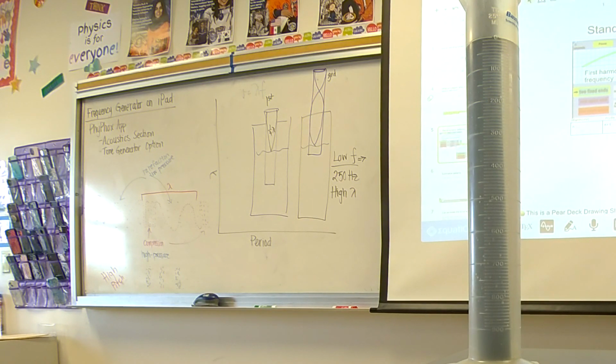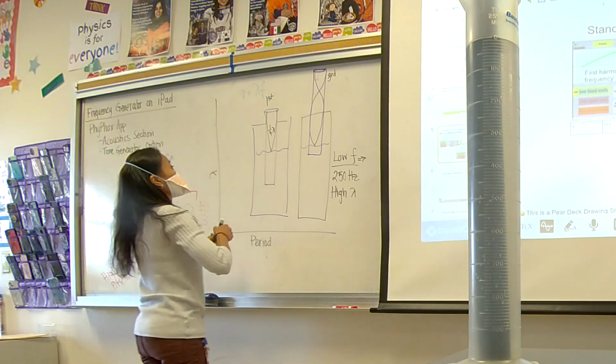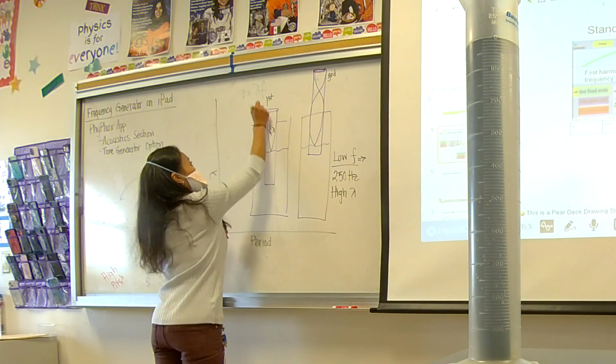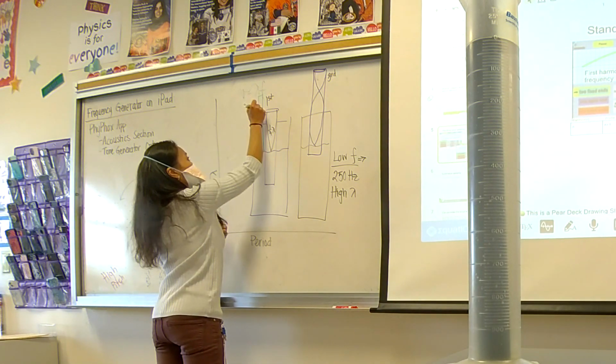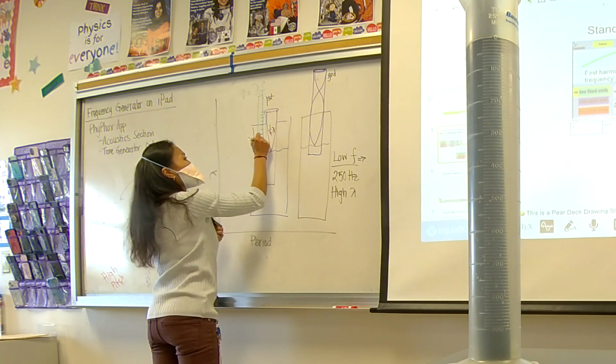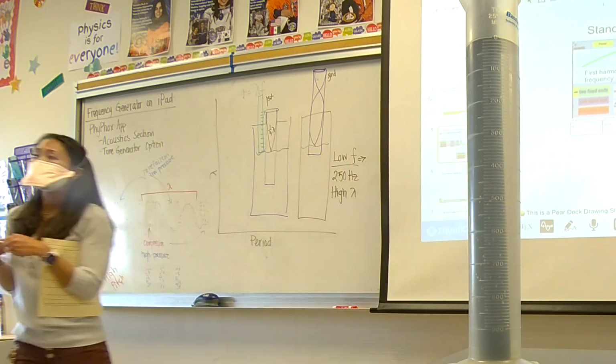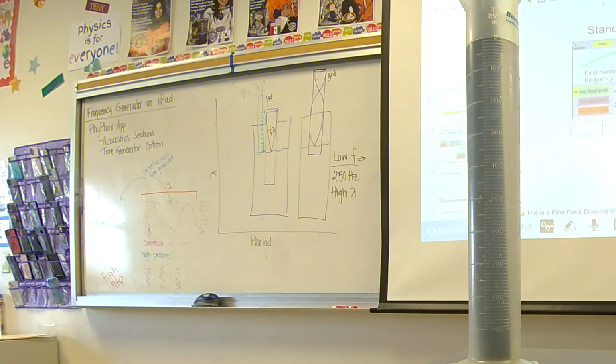How do you find the period of a frequency? 1 over your frequency equals your period. You're going to find the length of your tube. So this length is from the water to the top of your tube. But that's only a quarter of a wave. So in the next column, how are you going to find the wavelength?